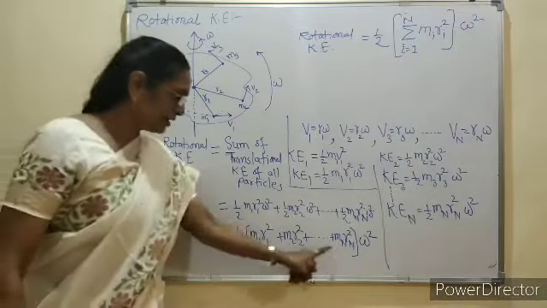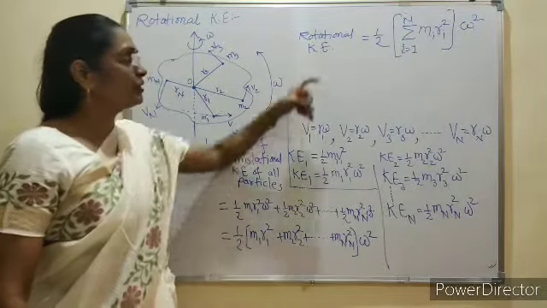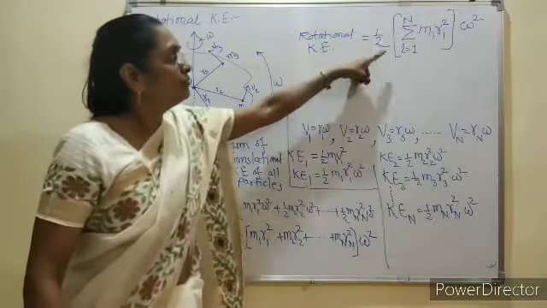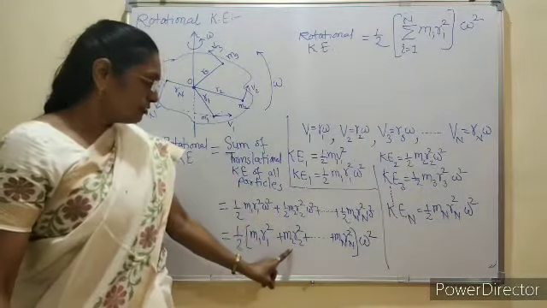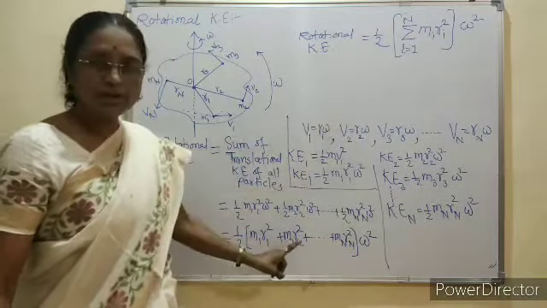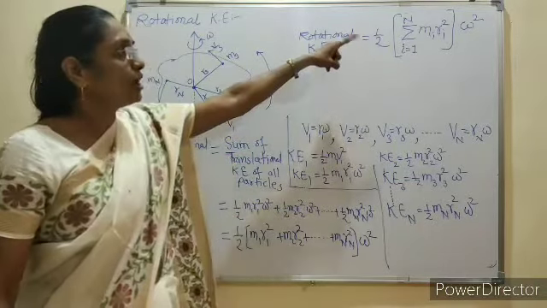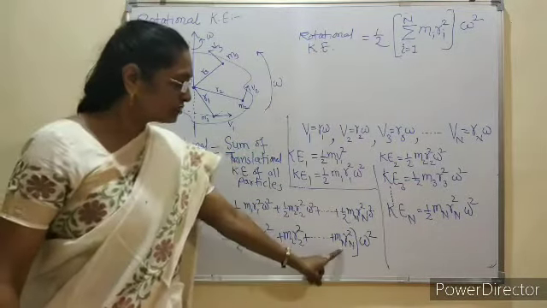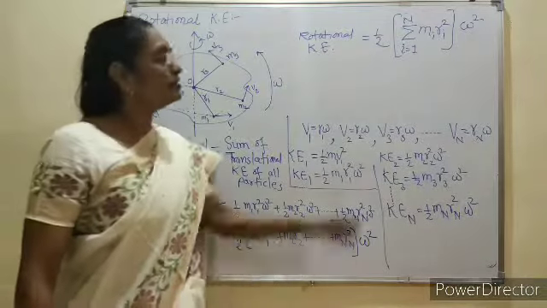The same bracket: M1 R1 square for the first term. For the second term we substitute i equal to 2, M2 R2 square, and for the last particle it is Mn Rn square.